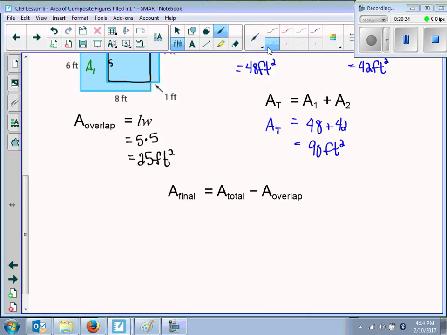So here, to get our final area, we've got 90 minus 25, which is equal to 65 feet squared.